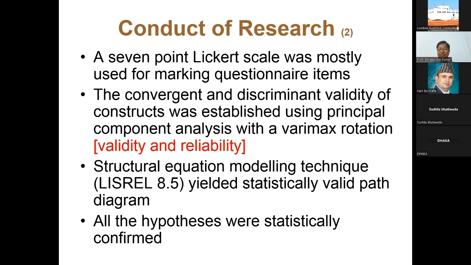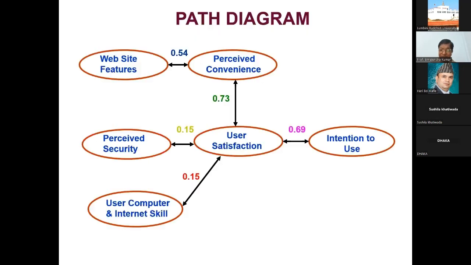All the hypotheses were statistically confirmed. So this is the path of the researcher. We can see that it is a quantitative method of research: how website perceived security and user computer skill affect how satisfaction can be achieved through e-services.